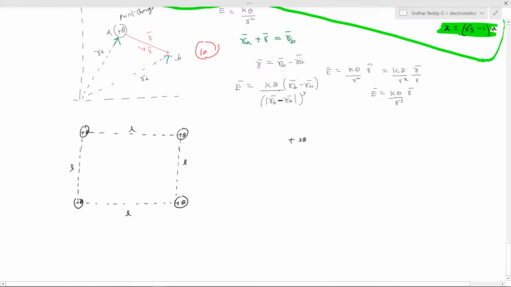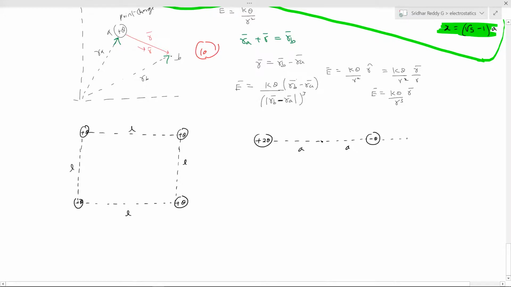So if it is plus 2Q and minus Q, what is the separation between them?